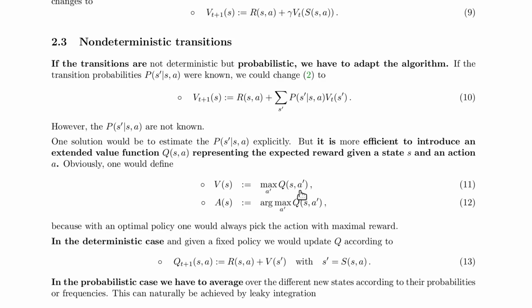If you have that, it's easy to calculate the value of a state by simply taking the maximum over Q over all actions. Obviously, the agent would take the action that promises the highest Q value. And that's described down here. So the action taken would be the one that gives the highest Q value if you run over all A dash possible actions.